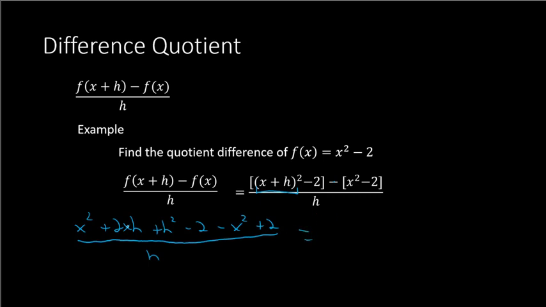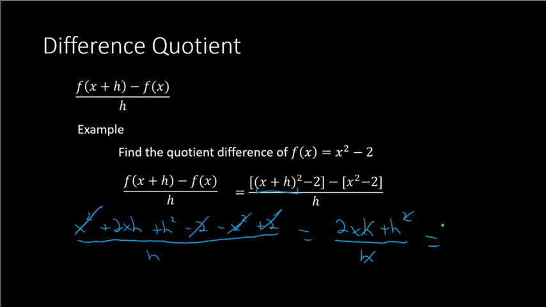So from here, notice we have x squared minus x squared. That would cancel out. We have negative 2 plus 2. That would cancel out. What you're left with is 2xh plus h squared divided by h. Now from here, we can divide everything by h.